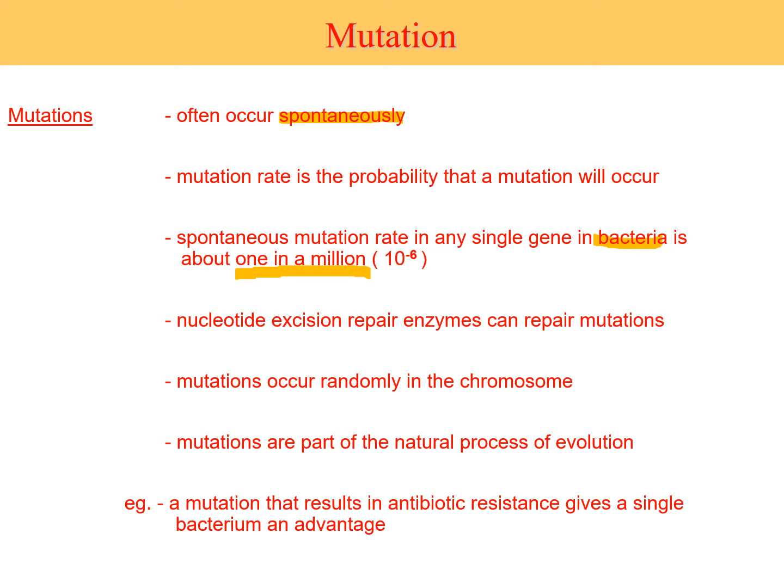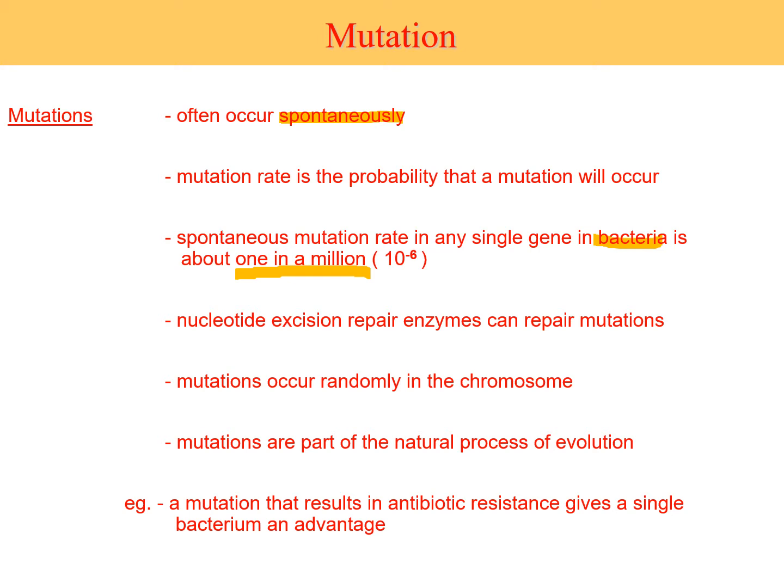So when the bacteria undergoes DNA replication and is going to divide, there's a 1 in a million chance that there will be a mutation in any one particular gene. So if you look at 1 million bacteria in the next generation, one of them will have a particular mutation in a particular gene.